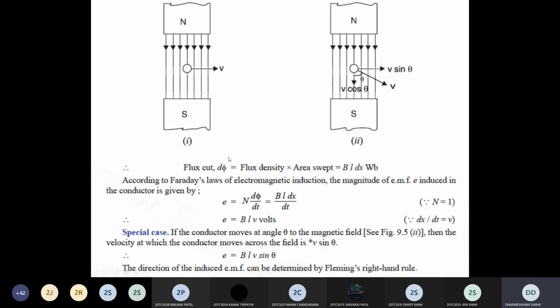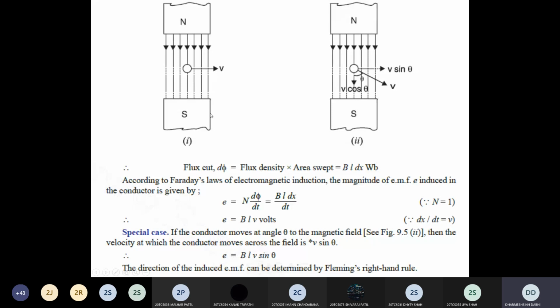Clear? Now, this conductor is moved in this magnetic field through a small distance dx, and the length of the conductor is L. So how much flux is cut by this conductor by moving a distance dx? As we know, flux phi is equal to flux density into area.